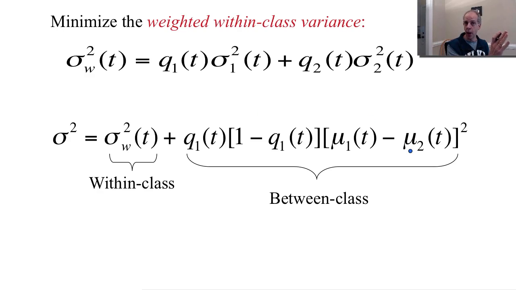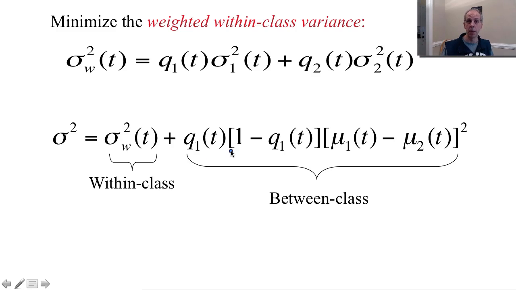We once again run from 0 to 255 on the t's. The difference is that computing this cannot be done explicitly in a recursive fashion, but this can be done in a recursive fashion where the t plus 1 depends on the t in a very simple formula. It's just means and probabilities.